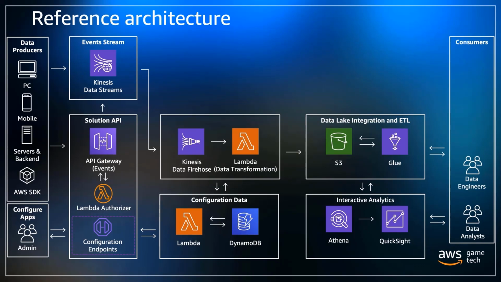On the right side of the architecture, we have the consumers of the processed data. Data analysts can look at QuickSight dashboards to monitor KPIs such as total revenue per day. Data engineers can use Athena to write more complex queries to assess KPIs like average revenue per daily active user.